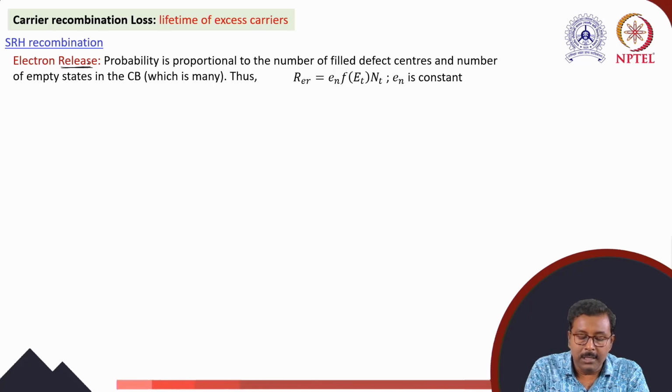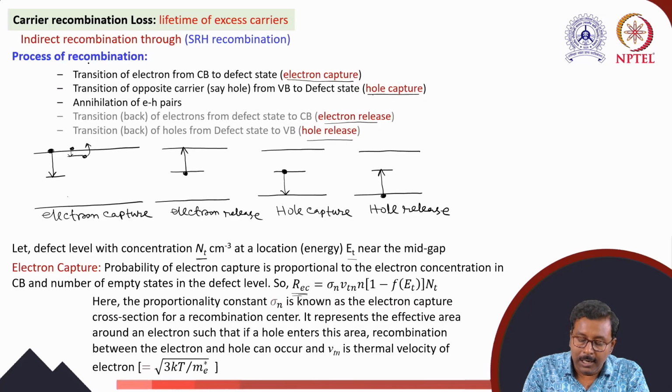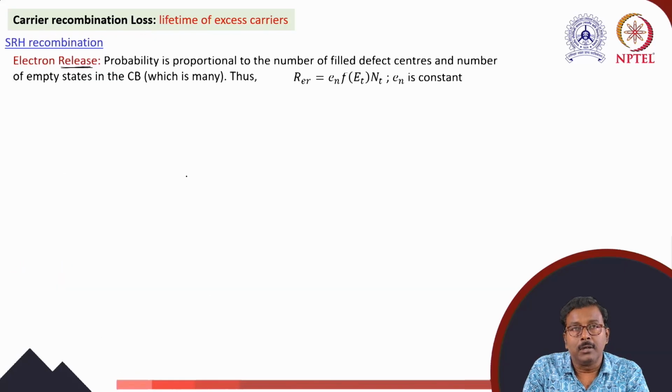How does electron release occur? Electron release, as you see in the last process, is from the trap state to the conduction band. For this to happen, the trap state should be filled and the conduction band should be empty. If such a situation occurs, where some states are vacant in the conduction band and the trap state is occupied, then electron release may occur.